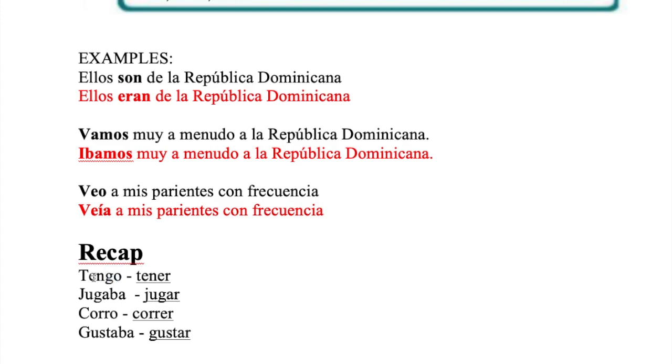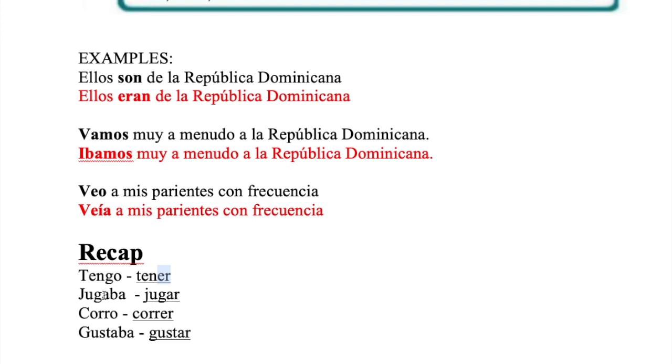Because tengo is already conjugated to the present, but I want you to conjugate it to the past, right? So you have to think about the main word, that it comes from the word tener. Okay, so then from the word tener, you can go to your chart and see, okay, what does the ER have to change to?